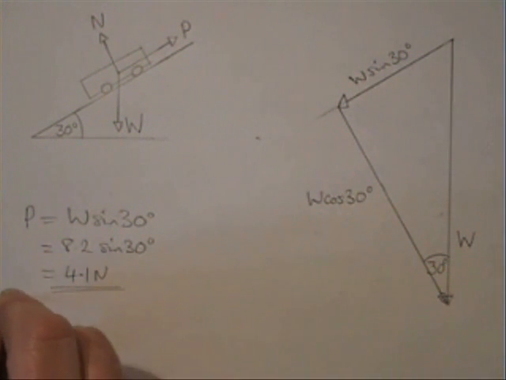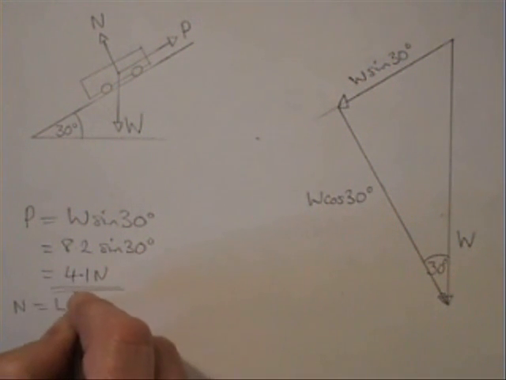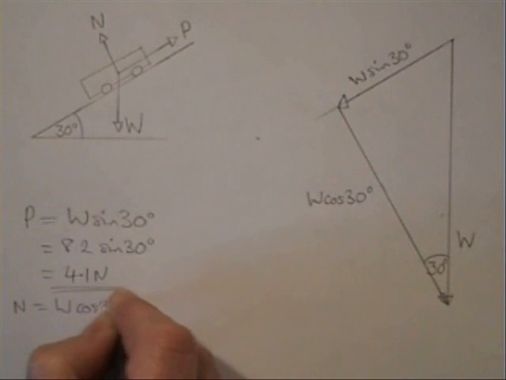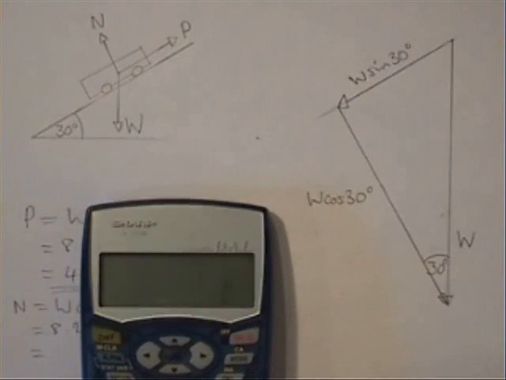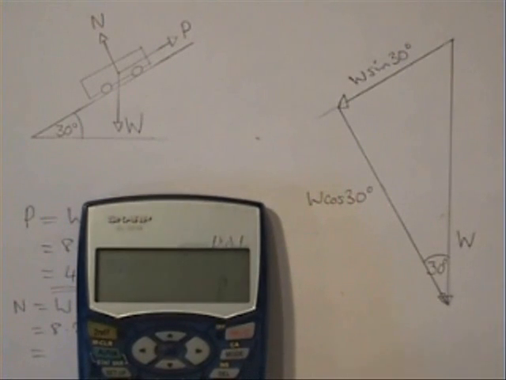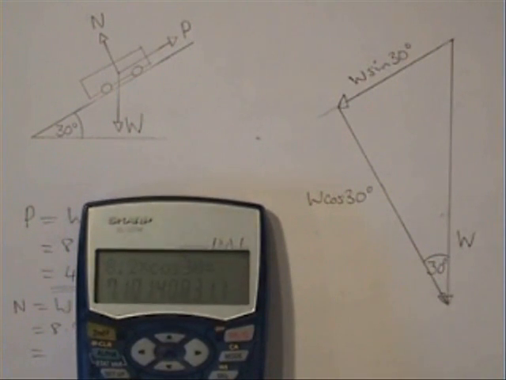So we can write N equals W cosine 30 degrees, which is 8.2 times the cosine 30 degrees, which is 7.1 newtons.